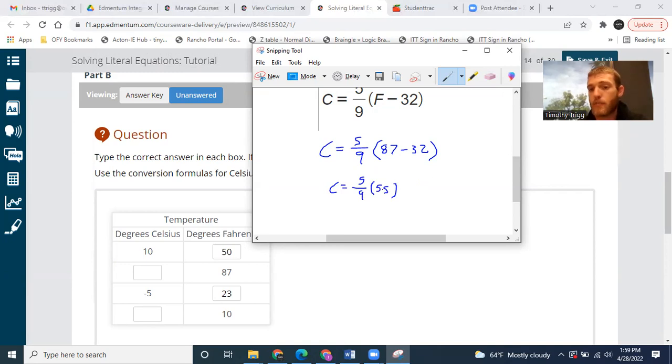So again, you take this 55, multiply by 5, then divide by 9. 55 times 5 divided by 9 gives us 30 point, if you have your calculator, you'll see, and it has 5 repeating forever.